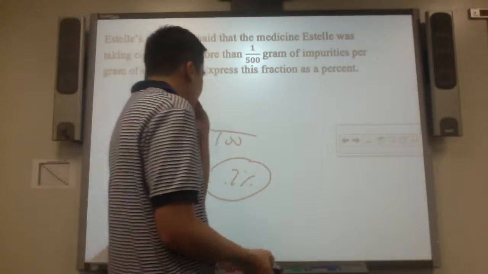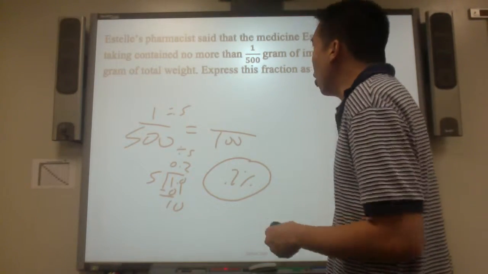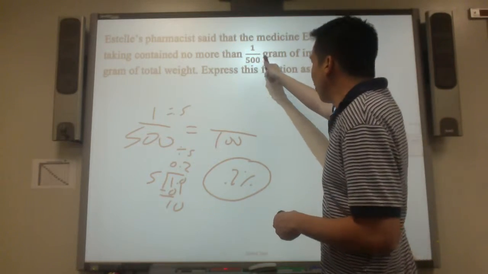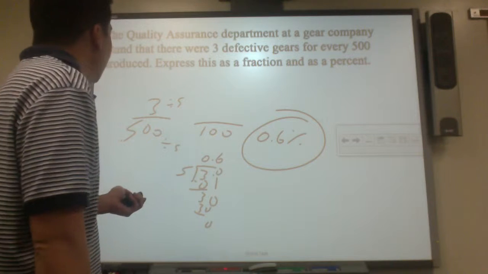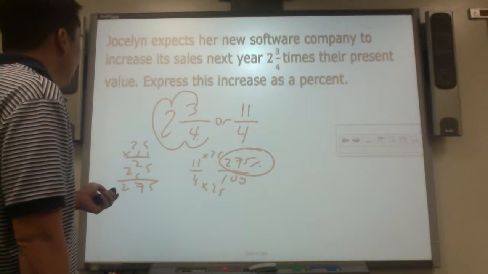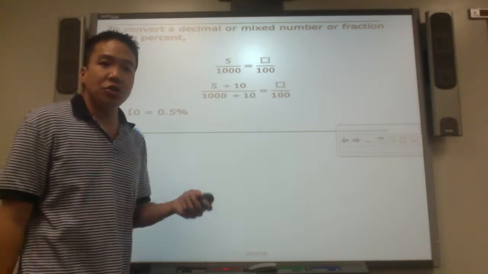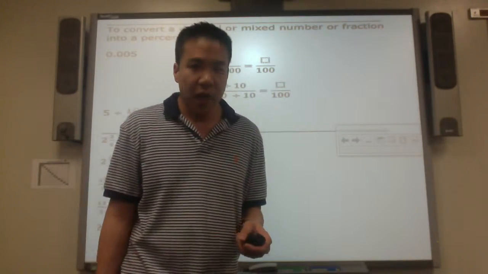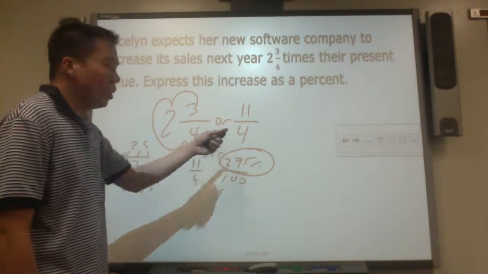So, is there a shorter way of doing these? As I can tell, when you're turning a fraction or a decimal into a percent, we are building up to 100.